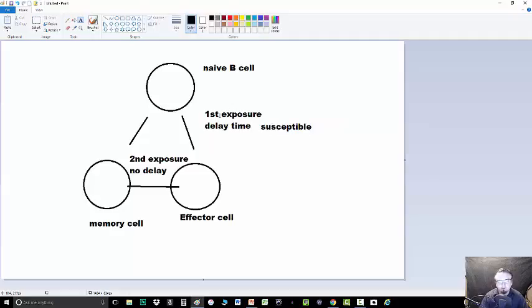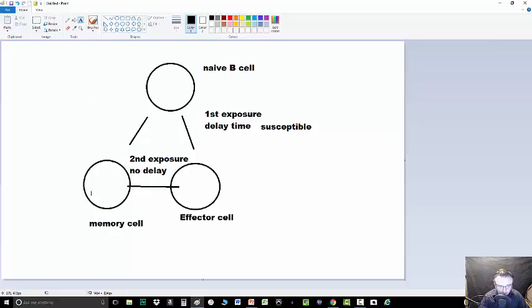So we're susceptible during this time period of delay. Now, as I said, once we get exposed a second time, what's going to happen is we activate memory cells, which transition directly back into effector cells, and we get no delay time in that reaction.